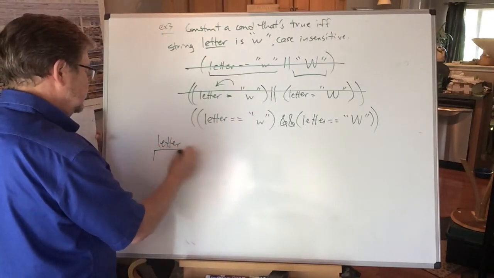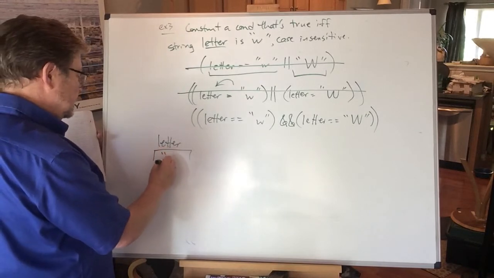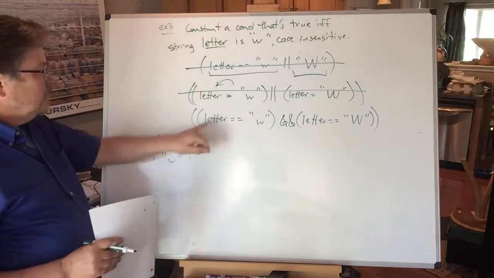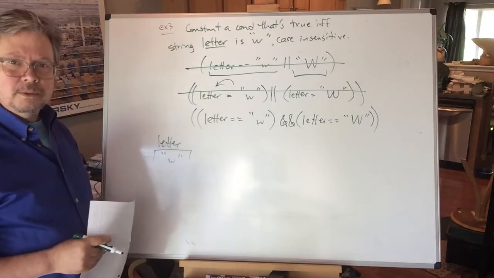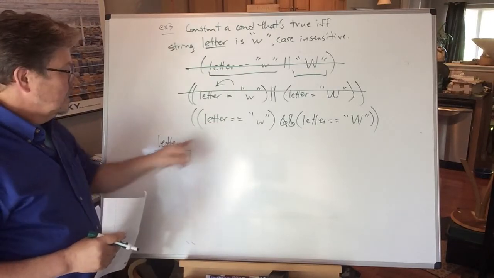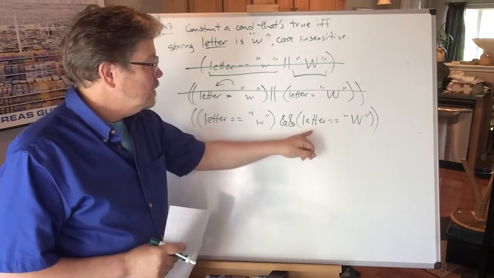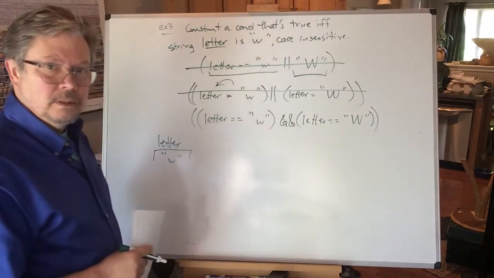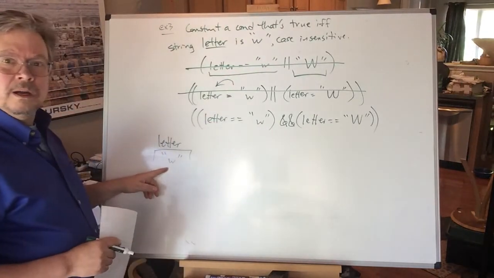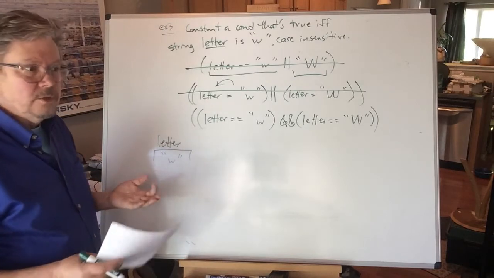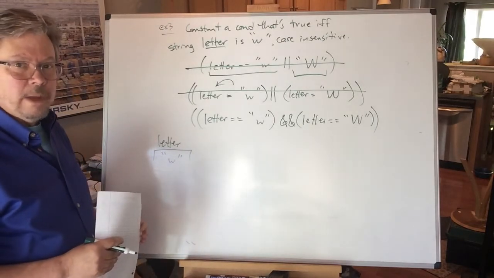Here's letter. And let's make this a happy ending. It is lowercase w. Oh, look. Letter is equal to lowercase w. Then this is an and. So they both have to be true. Is letter equal to uppercase W? No. No, letter is a variable, and a cardinal rule of variables is they can only hold one value at a time, no matter what.